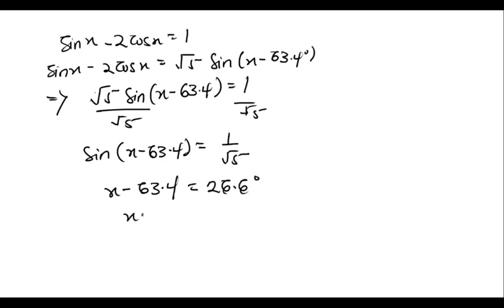So we have here x is equal to 26.6 plus 63.4, and then the value of x will be equal to 90 degrees. So this is the value of our x if we solve the equation sine x minus 2 cos x is equal to 1.